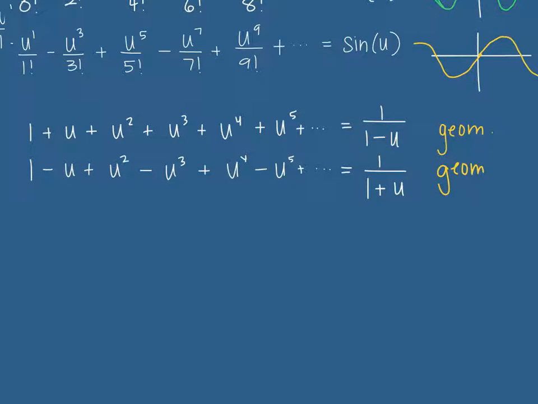Alright, the next one. This is 1 plus u plus u squared plus u cubed plus u to the fourth plus ... And you might be thinking, wait a minute, didn't we just do that one?